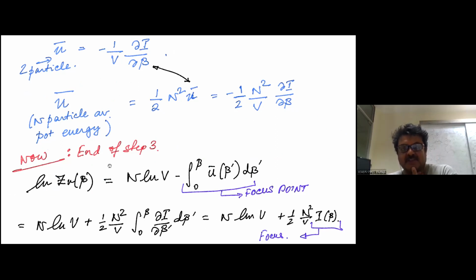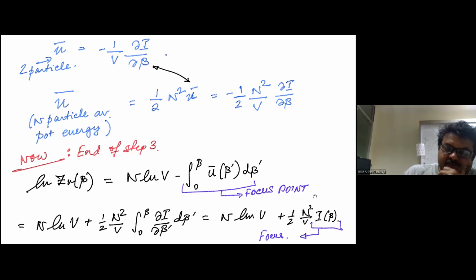So there was a minus here, there was a minus here, it becomes plus, and half n squared by V I beta. So ln of ZU becomes n ln V plus, there was this integral 0 to beta d beta dash.